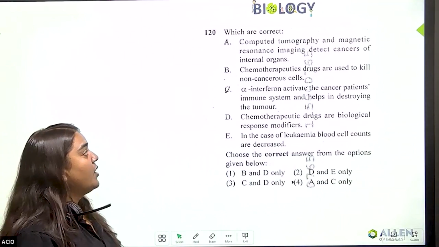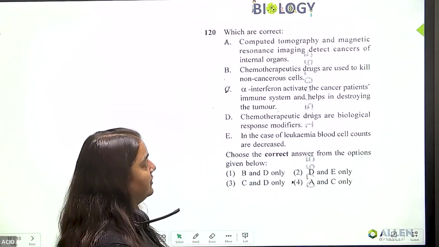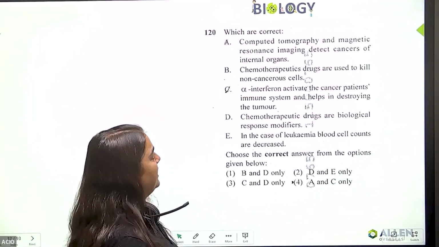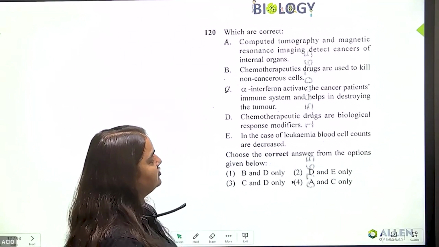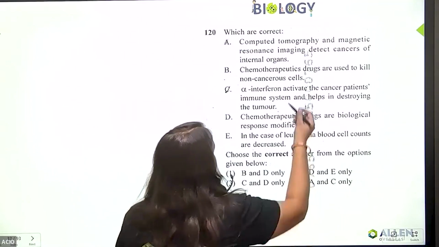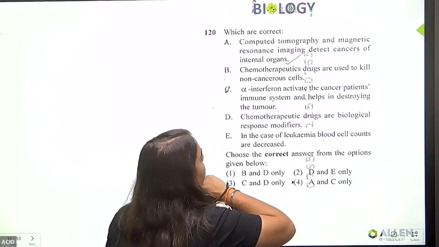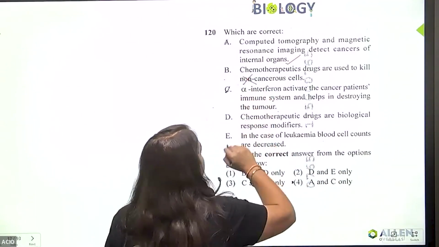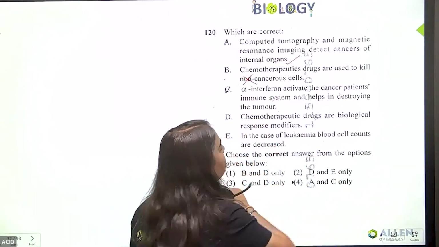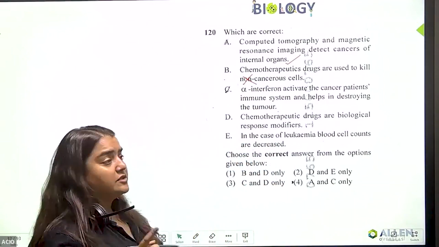Next, which of the following are correct? Let's see. Computed tomography, that is CT scan, and magnetic resonance imaging technique, that is MRI, detects the cancer of the internal organs. Yes, that's a correct statement. Chemotherapeutic drugs are used to kill non-cancerous cells. No, beta, cancerous cells. This is a wrong statement. Alpha interferon activates the cancer patient's immune system and helps in destroying the tumor.